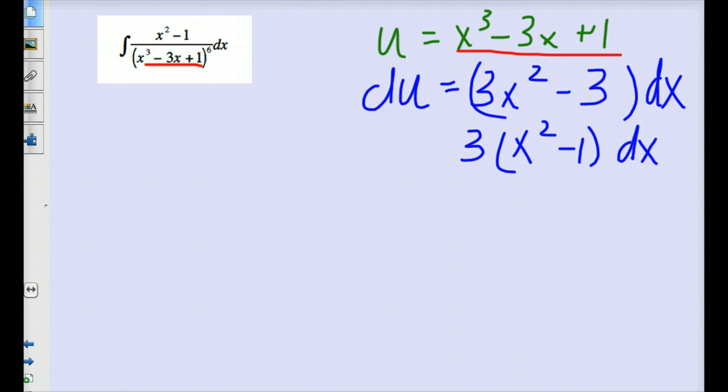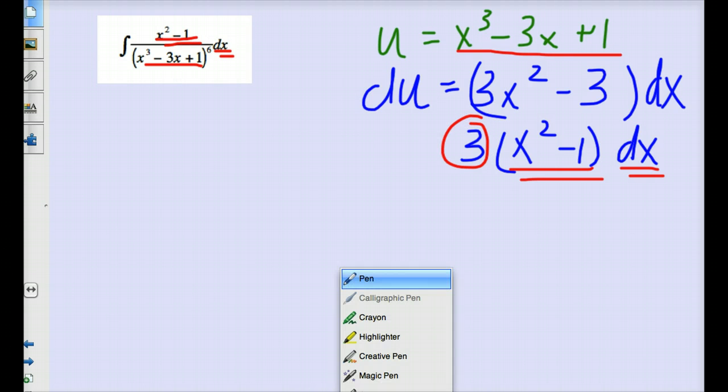And if I underline again, I notice I have a dx, right, which we typically will have right here. So I can underline that part. And I also have an x squared minus 1, which is right here. So the one thing I need to pull out is this 3 as a 1/3.